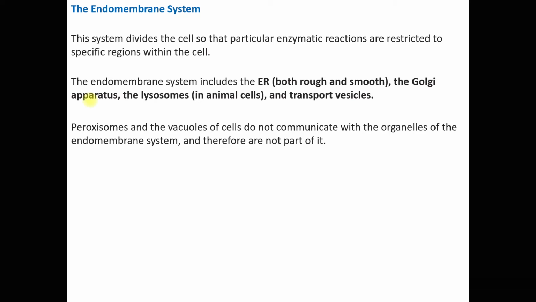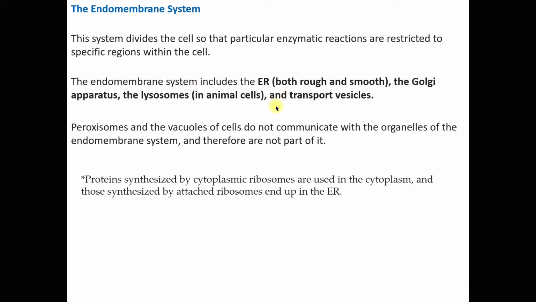The peroxisomes and the vacuoles of cells do not communicate with other organelles in the endomembrane system. So these peroxisomes and vacuoles are not part of the endomembrane system. Only the ER, Golgi apparatus, lysosomes, and transport vesicles are in the endomembrane system.